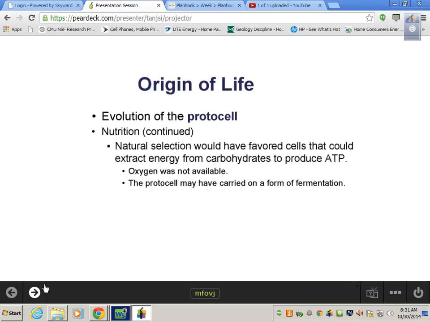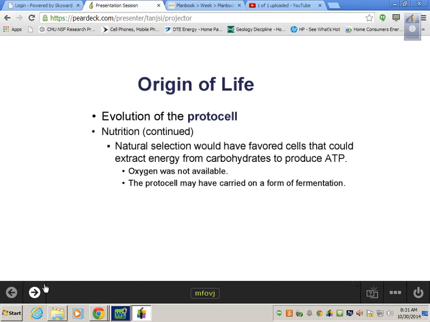So looking at nutrition, natural selection would have favored cells that could extract energy from carbohydrates to produce ATP. Remember, oxygen was not available, and the protocell may have carried on a form of fermentation. Now, in this theory, this would actually suggest that consumers would have had to show up before producers, which really plays on your mind, the way we think about the way we live today, right?